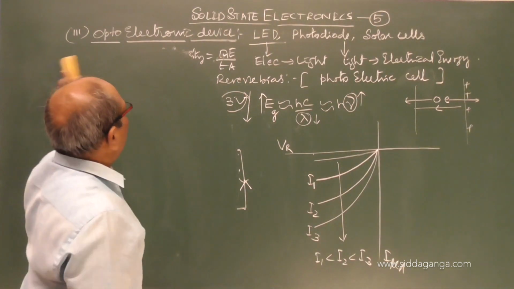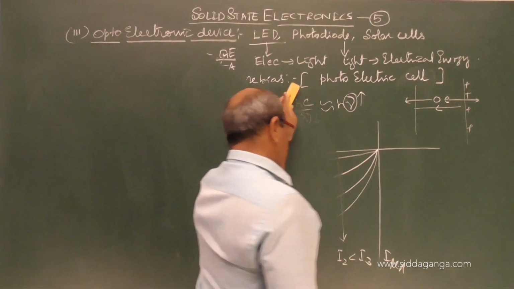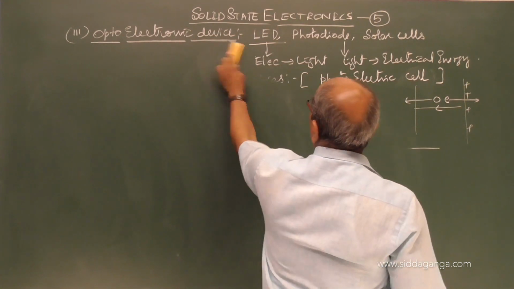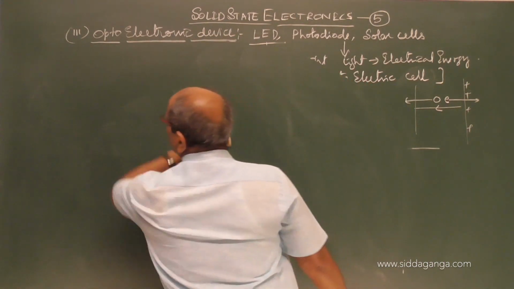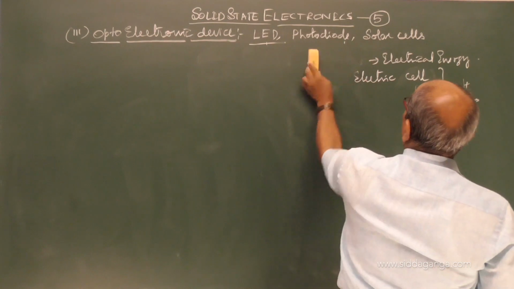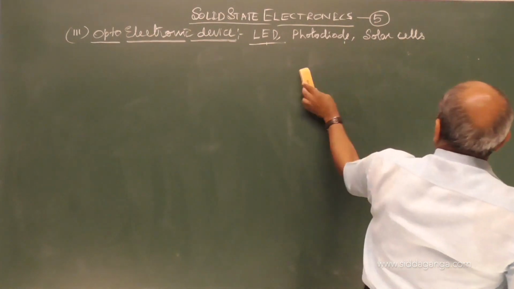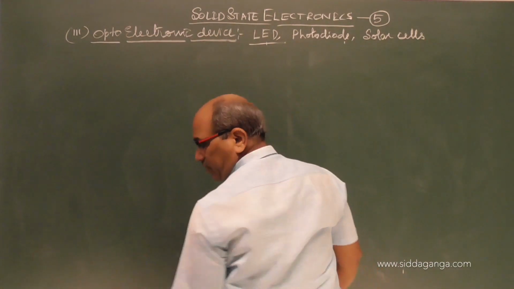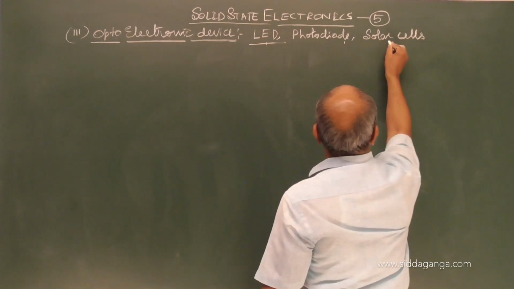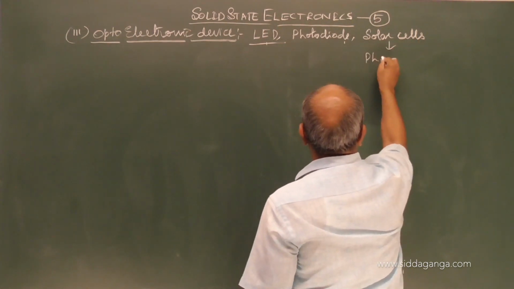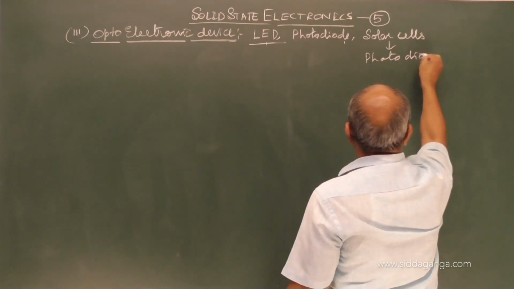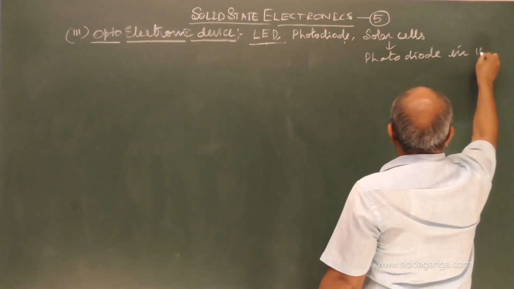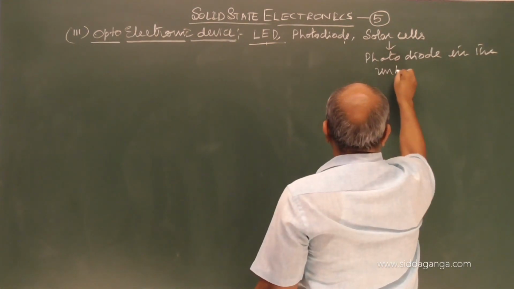Let us come to the last one, the solar cell. A solar cell is also a photodiode in the unbiased state.